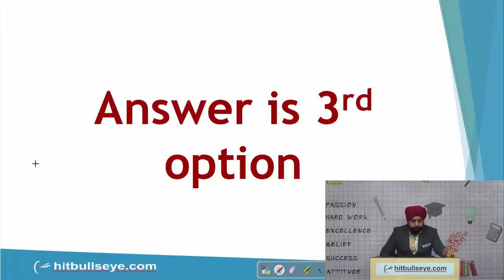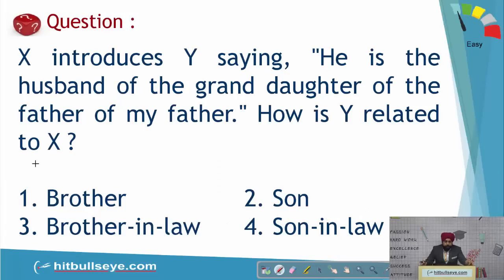Now students, this question, X introduces Y saying he is the husband of the granddaughter of the father of my father. Who is the father of my father? It is my grandfather and my grandfather's granddaughter. If a female is saying this, it could be herself. If a male is saying this, it has to be sister, his sister.